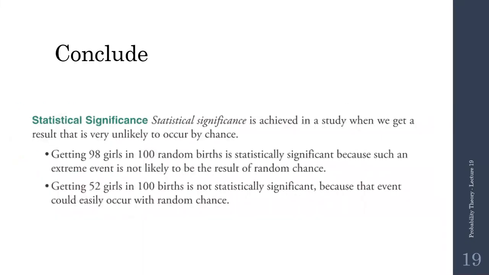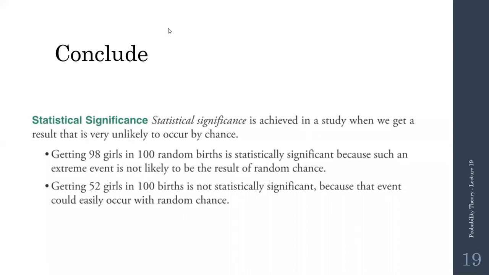Then conclude. Endi xulosalash. Xulosalash uchun biz oldin aytib o'tdik. Statistik ahamiyatga egami yoki amaliy ahamiyatga egami degan savollarga javob berishimiz kerak. Statistical significance is achieved in a study where the result is very unlikely to occur by chance.